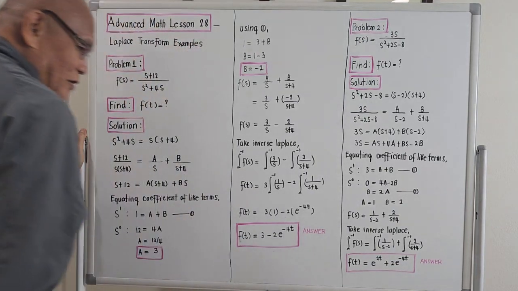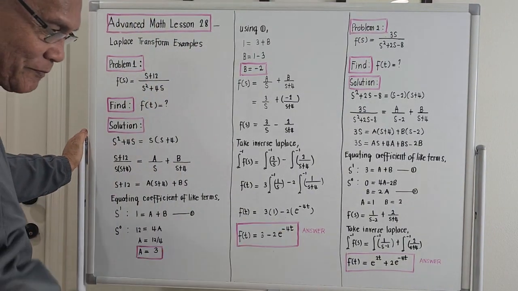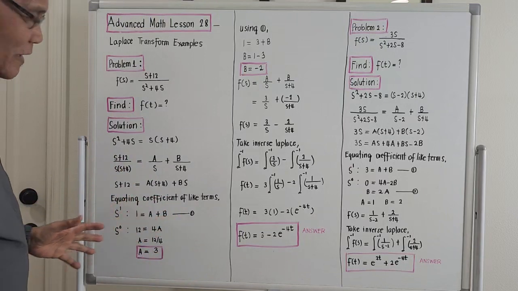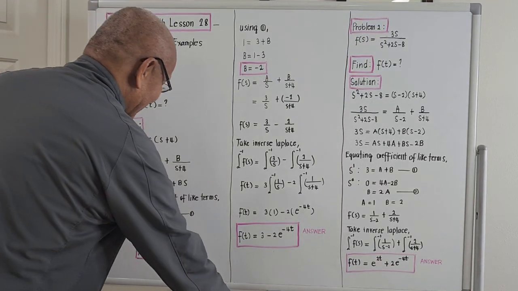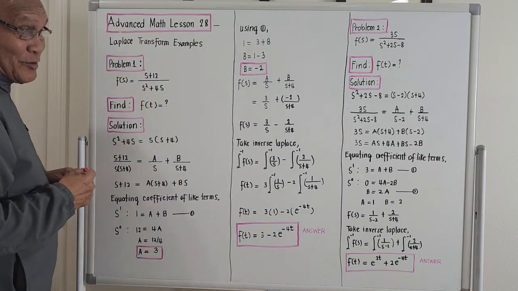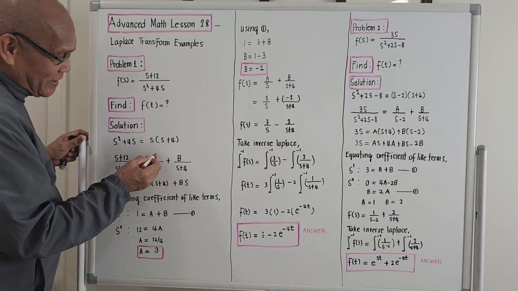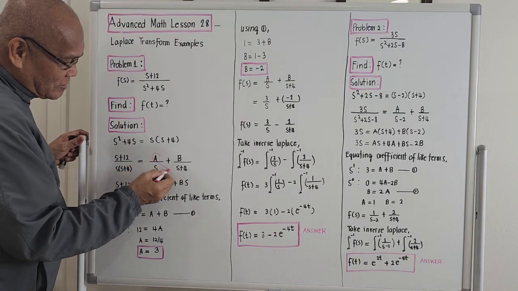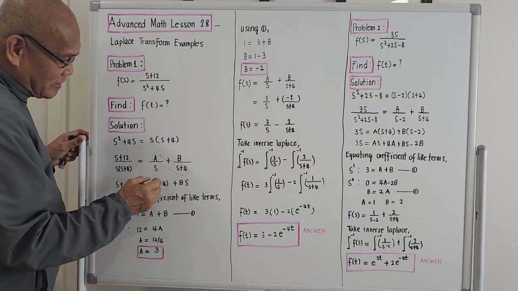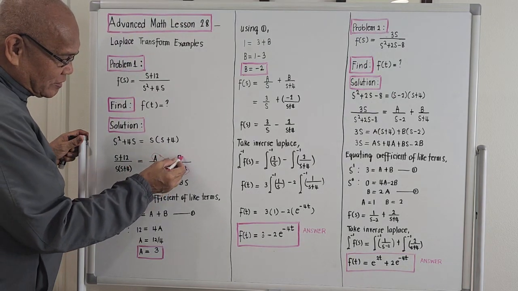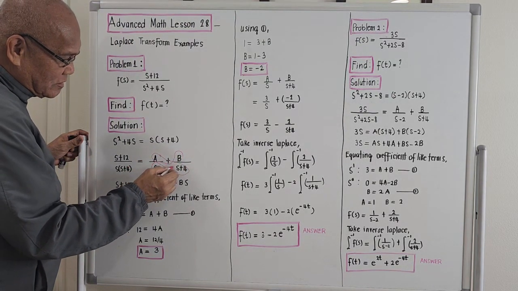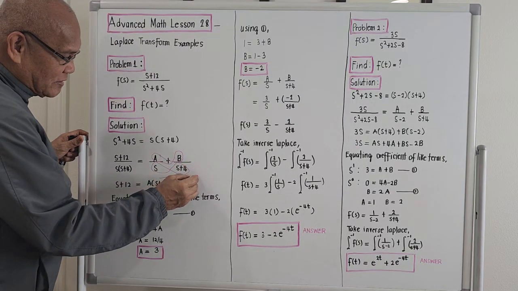This is now the so-called, according to Mr. B, butterfly method. That's why we use the butterfly method here. We take the product of this, it is this. Then we take the product of this, it is this.